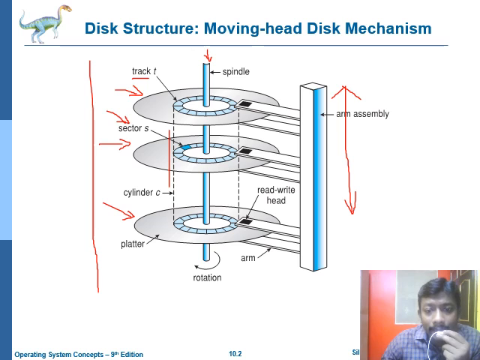This read write head is used to access the data which is present in the magnetic disk. Say, if I want to read or write data in this particular track, then with the help of this arm and read write head, I have to access this particular track for the purpose of reading or writing any data in that track.